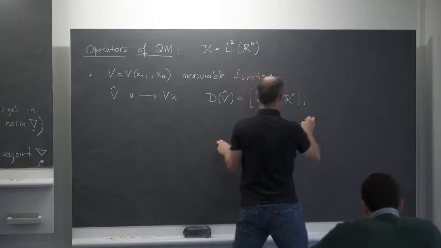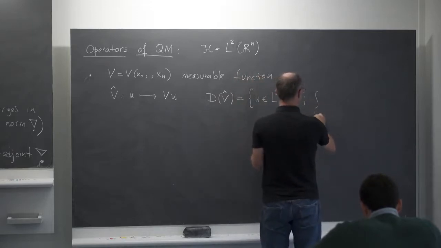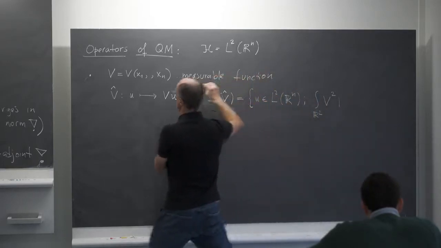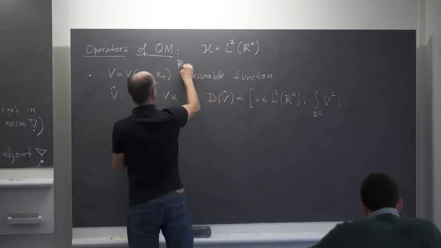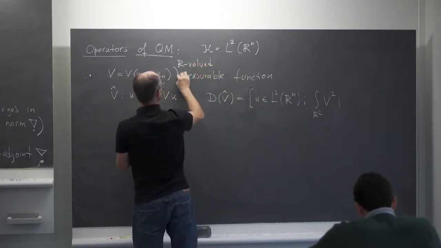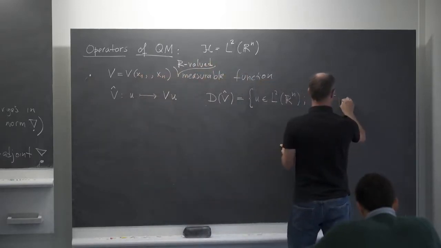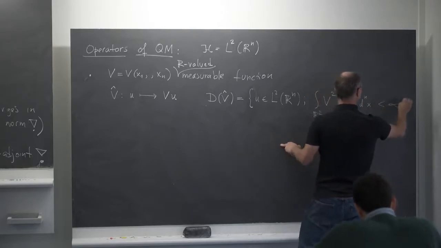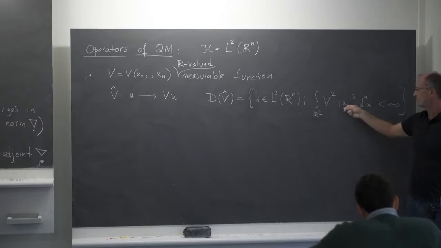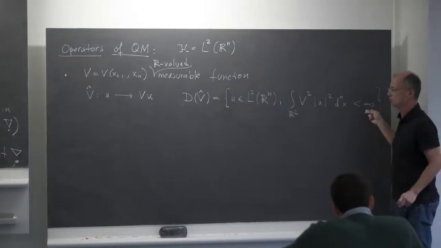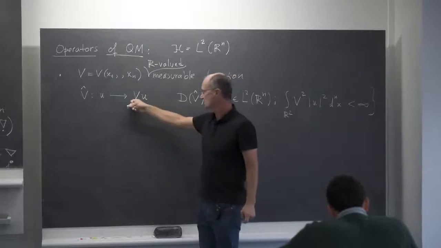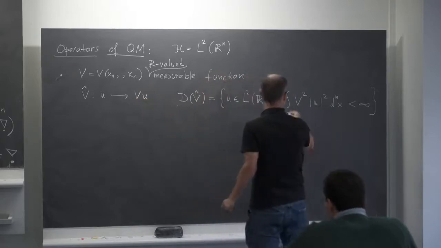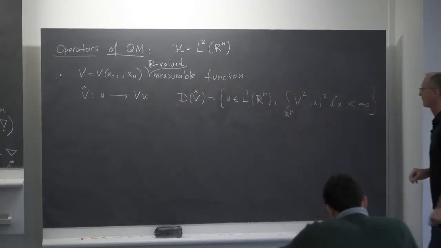You consider L2 functions, and V is real valued. We require that the integral of V squared times the absolute value of u squared converges over R^n. So we require that the resulting vector be also in L2.